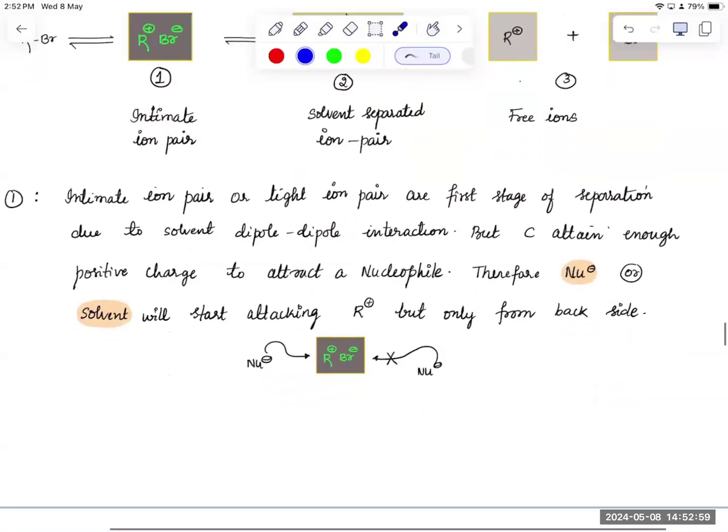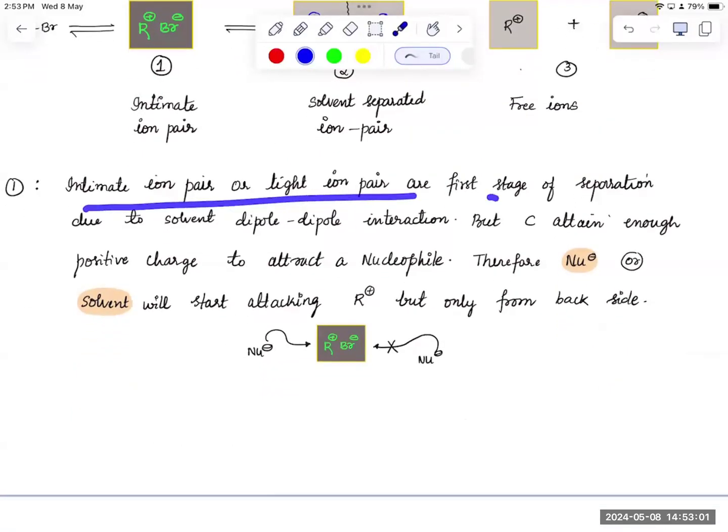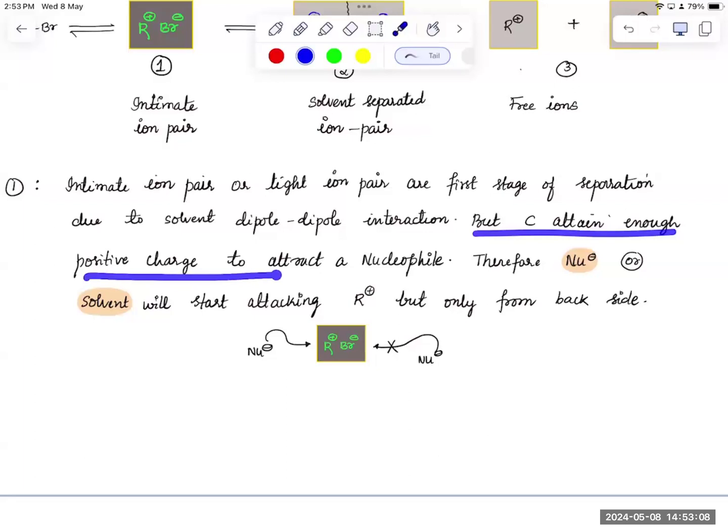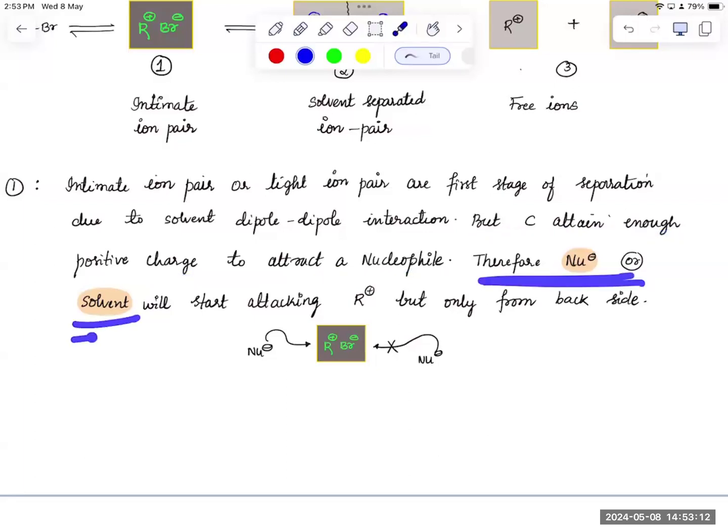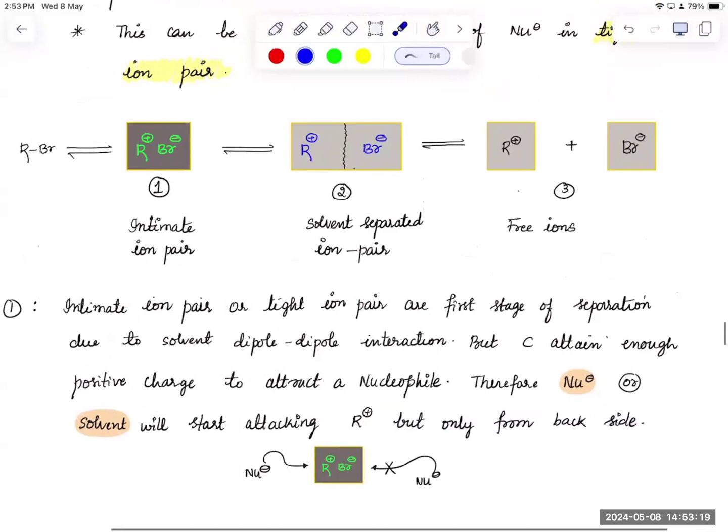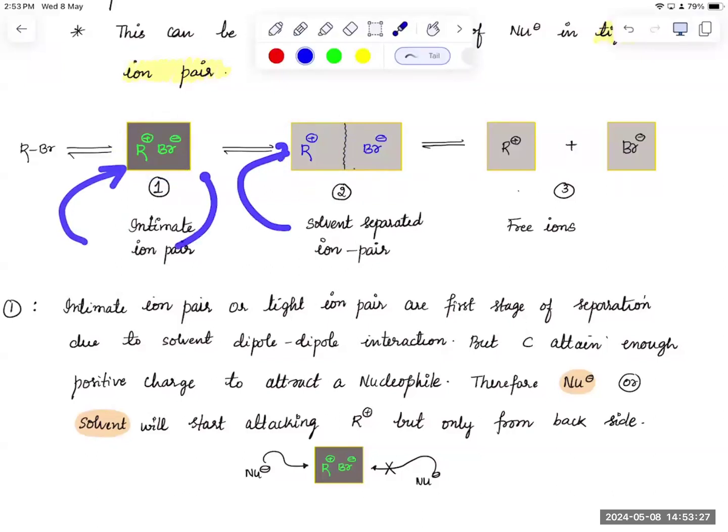Now, notice this. The intimate ion pair or tight ion pair is the first stage, due to the solvent dipole-dipole interaction. But carbon attains enough positive charge to attract a nucleophile. Therefore, the nucleophile or the solvent will start attacking R plus, but only from the backside. You can see that in both cases, the nucleophile will attack R plus from the backside, because from the front side Br won't allow it, since Br is already there.